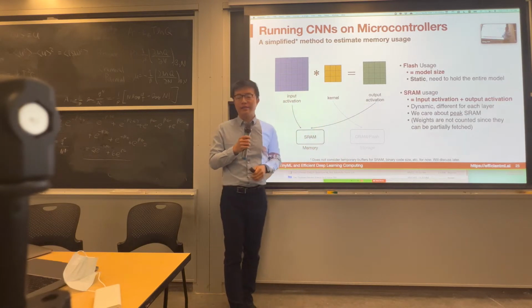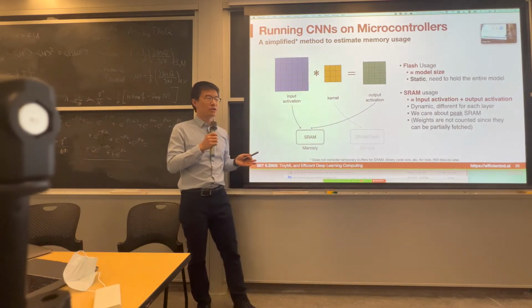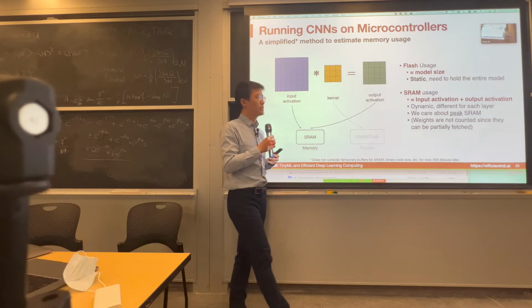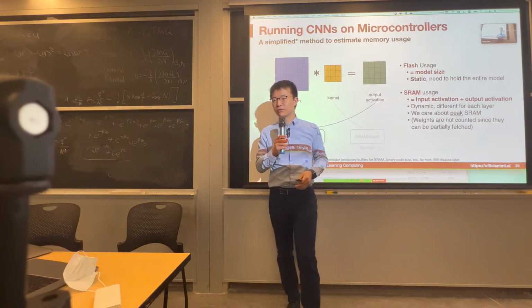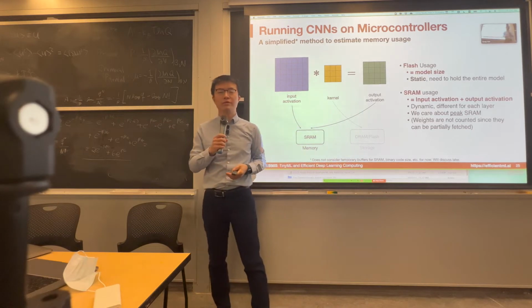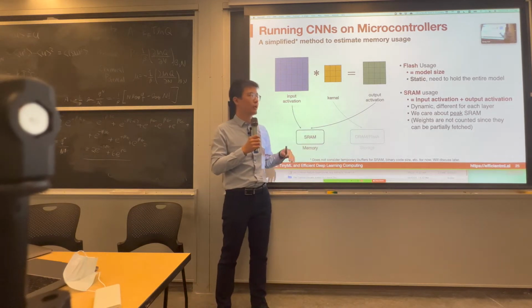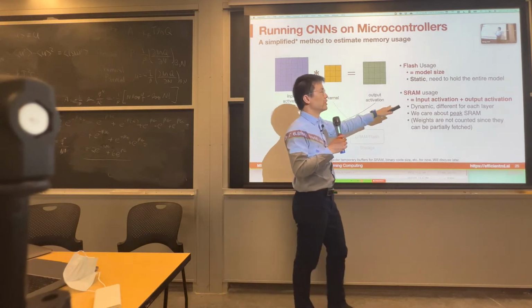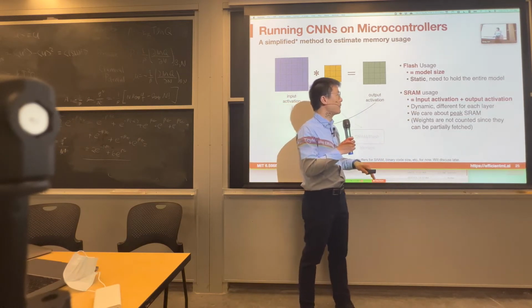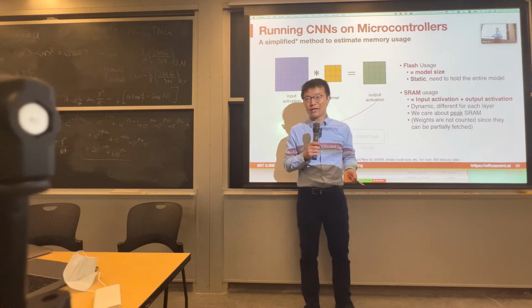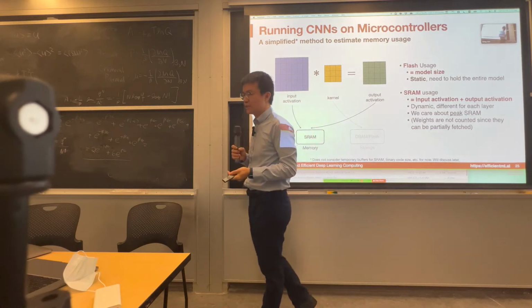And the other side is the SRAM. SRAM is even smaller, a couple of hundred kilobytes. We store these input and output activations in the SRAM, since we have to both read and write, and it's dynamic. Different inputs, different layers, the number is completely different. So we care about the peak SRAM during inference.